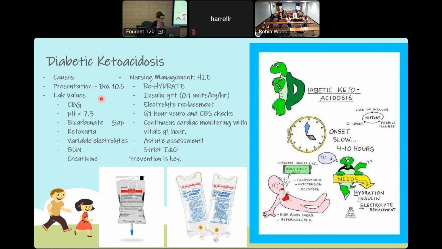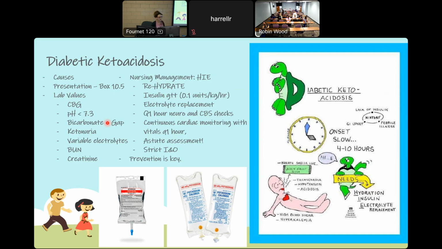All right, and then to the right of bicarb, you see gap. So do we remember learning about anion gap? Does that mean anything to us? So anion gap is basically a way to measure how acidotic your patient is. So this is a situation where we have an elevated anion gap because our patient is very, very acidotic.